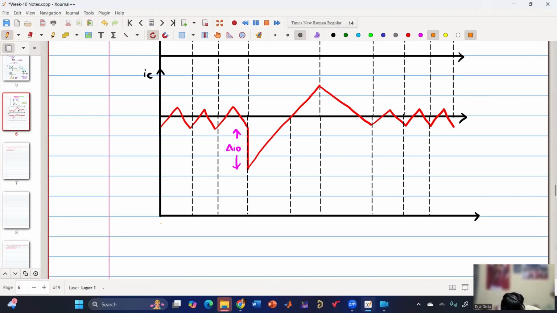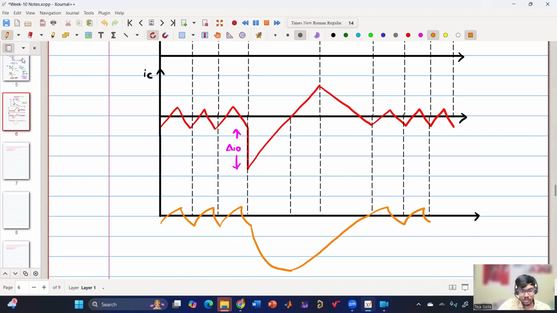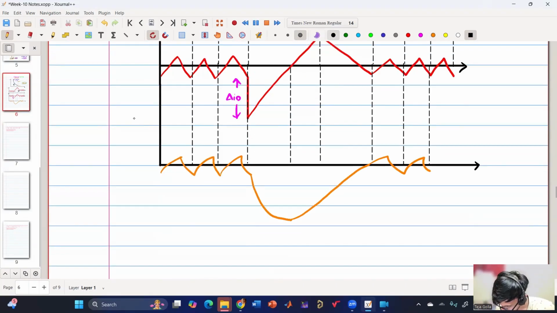And then until this, there will be undershoot. And then once the capacitor current is positive, then it will come back. So this is my V0. And this is delta V undershoot.